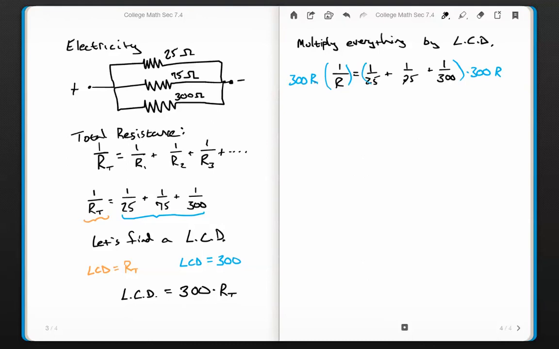Well, 300r times 1 over r, that's convenient because the r's cancel out. And then let's break apart the other side just to make sure that works. So 300, the r's cancel out, so that just equals 300 over here. And then we have to distribute this now, so it's 300r over 25.